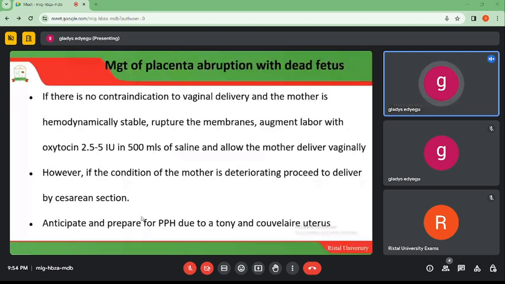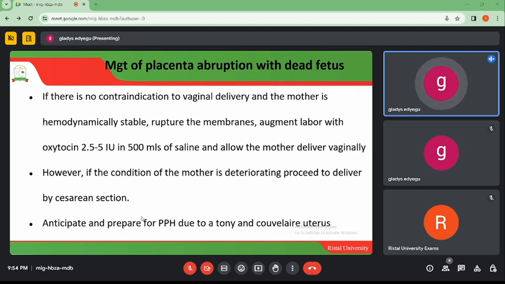If there is no contraindication to vaginal delivery and the mother is hemodynamically stable, rupture the membranes, augment labor with oxytocin 2.5 to 5 international units in 500 ml of saline and allow the mother to deliver vaginally. So if there is no contraindication and the mother is hemodynamically stable, those are the key things.